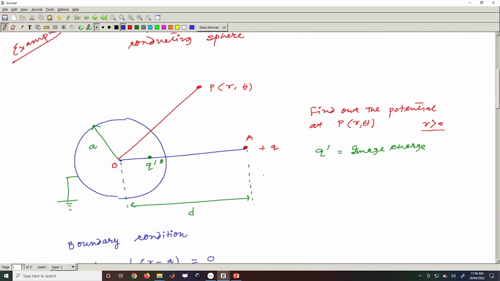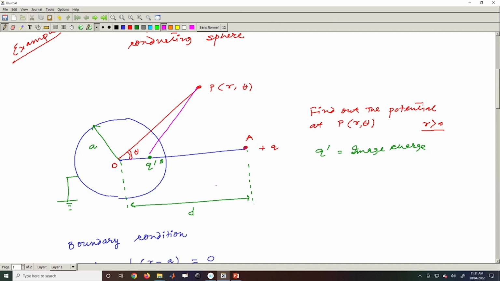Now, because we have 2 point charges, plus q and q prime, we need to find out the distance in terms of this system. Suppose this is my theta, and suppose I join this line from here to here.